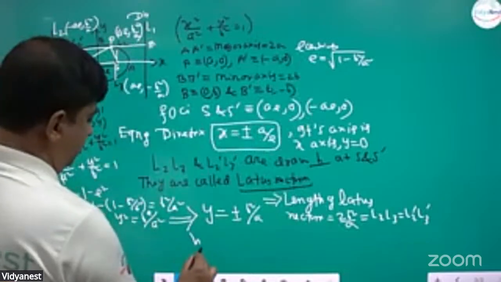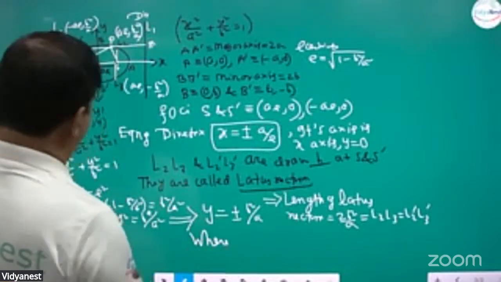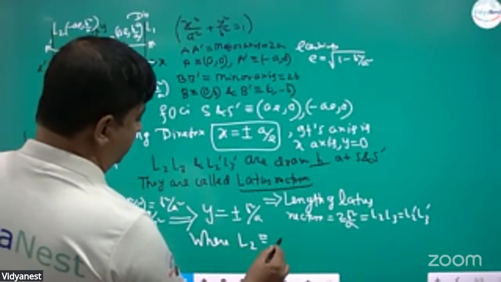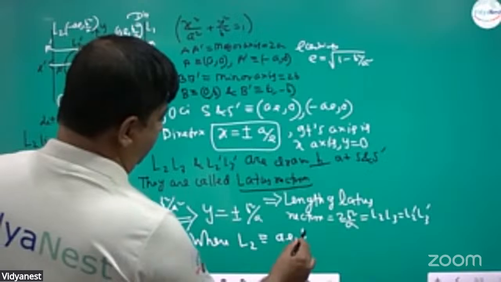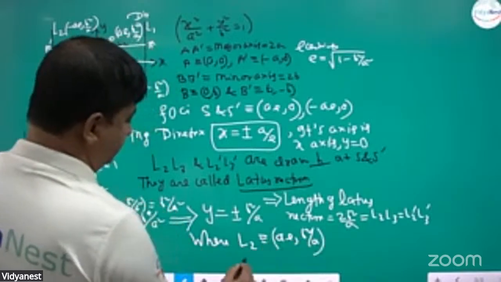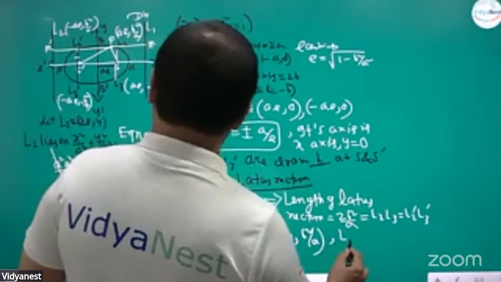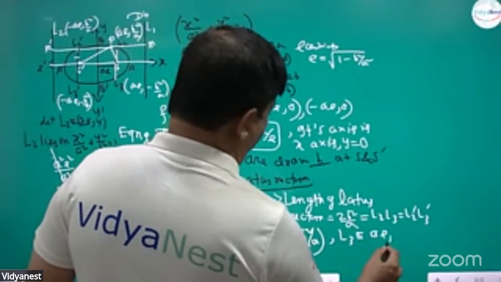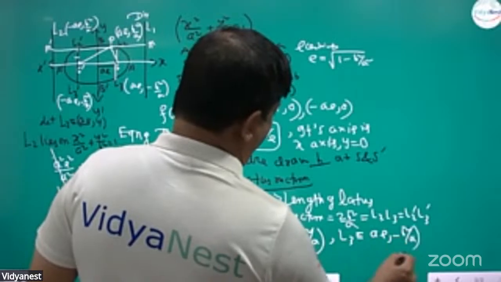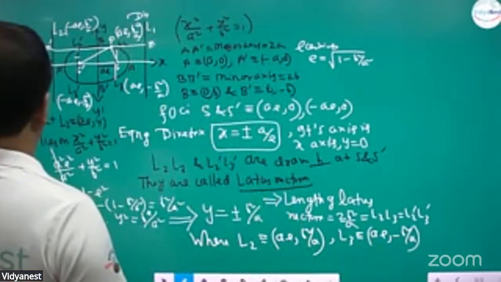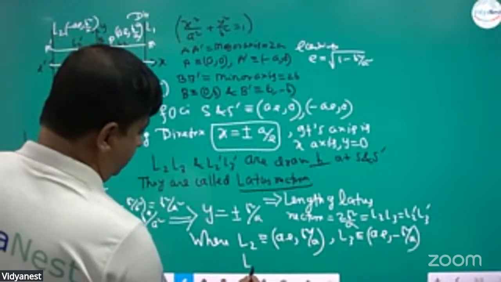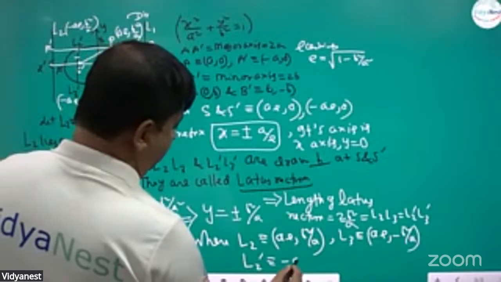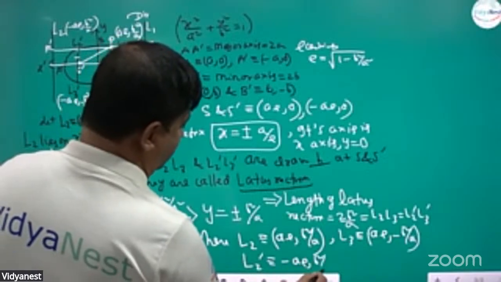Where L2 is a comma b square by a, L3 is a comma minus b square by a, and L2 dash is minus a comma b square by a.